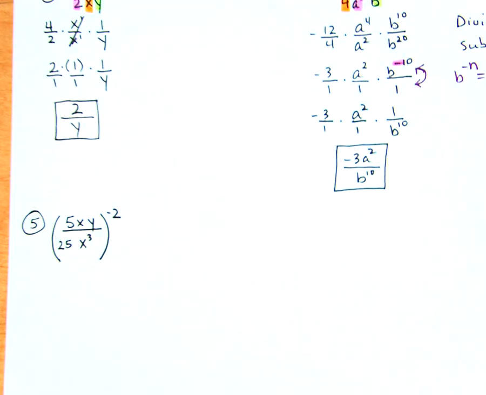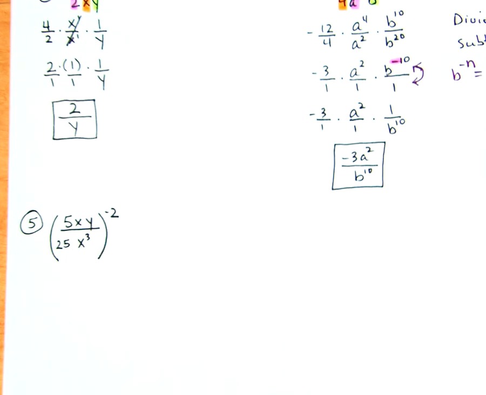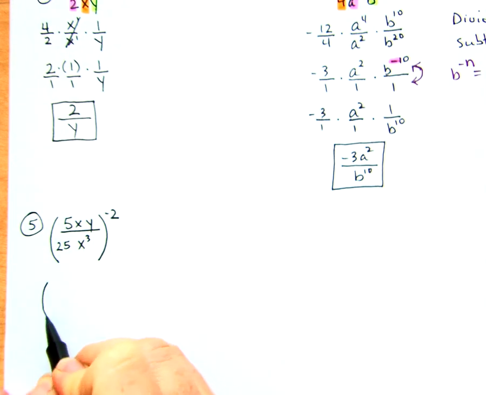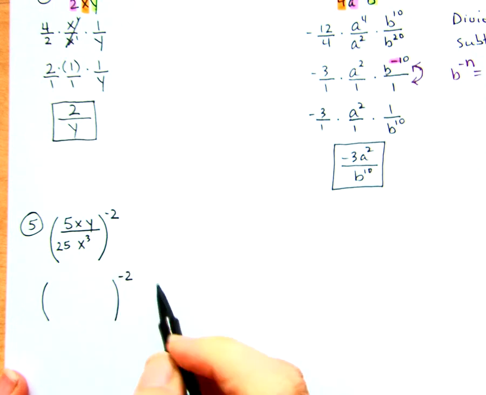Now remember in class we talked about the fact that we need to do this in order of operations. So I look on the inside of the fraction first and I simplify everything in the parentheses first. I'm actually going to do this negative 2 on the outside of this fraction last, so it's just going to be hanging out.